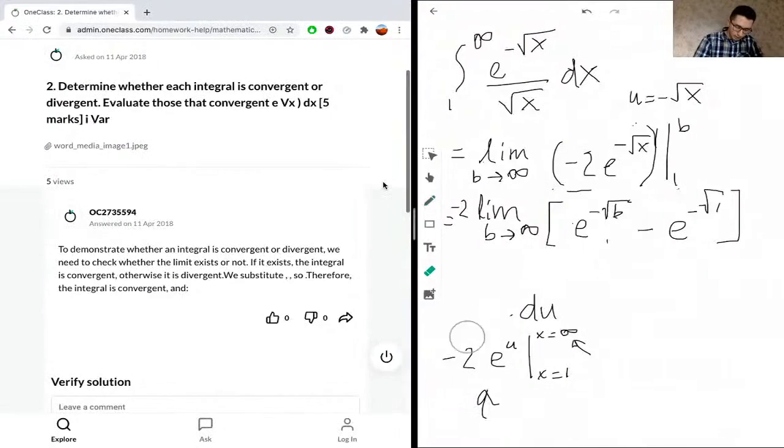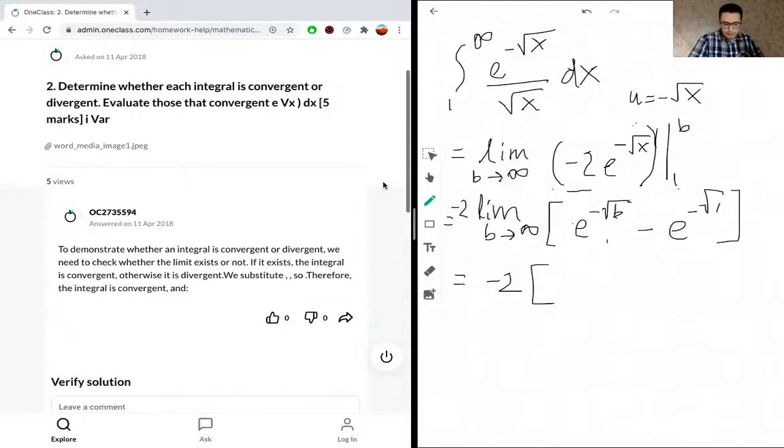So when we evaluate e to the negative square root b, we can think of b tending to infinity.